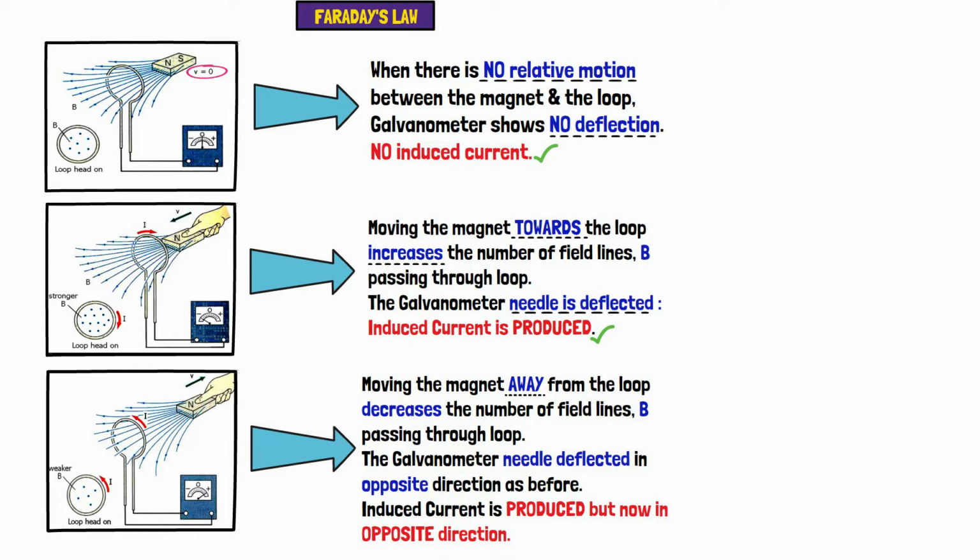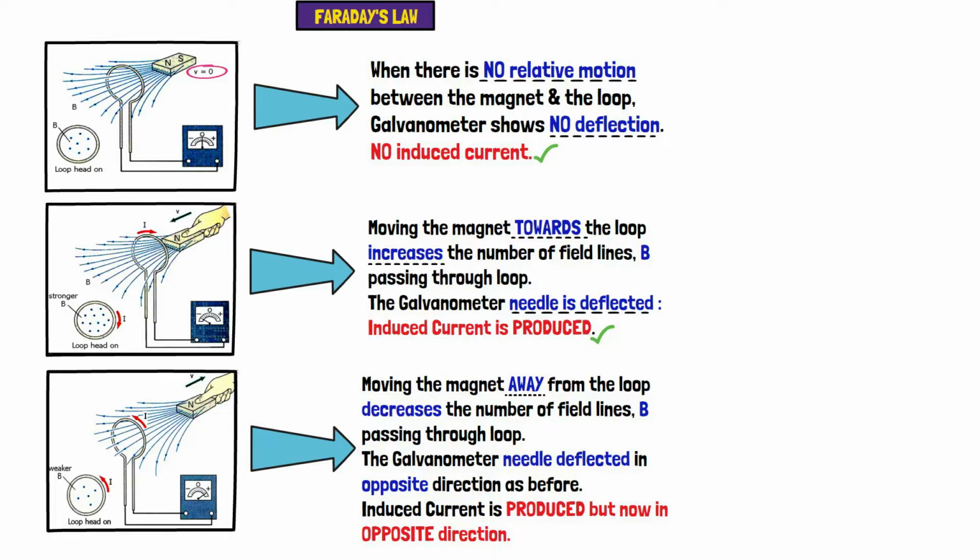The needle of the galvanometer will deflect to the other direction. Kalau tadi dia mungkin deflected to the left, kali ini bila bar magnet itu bergerak menjauhi coil tersebut, masih ada pergerakan jarum galvanometer, tetapi kali ini bergerak ke arah yang bertentangan, mungkin ke kanan, seperti yang ditunjukkan dalam gambar rajah ini. So, apa kesimpulan yang kita boleh buat?